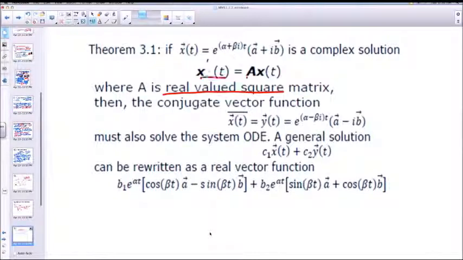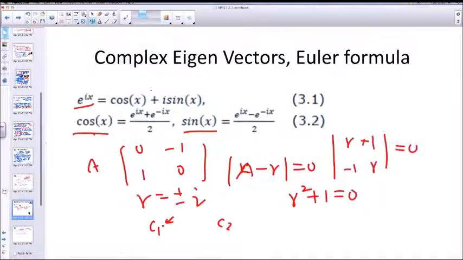So the next theorem simply tells you if this A is real valued, there's no imaginary here, no imaginary here, no imaginary here. Nevertheless, you got this R, which is imaginary, with beta not equal 0, just like the example I showed you here, which is R equals positive or negative i. That means alpha equals 0, beta equals 1. That's imaginary.